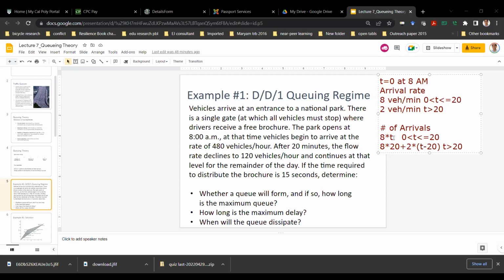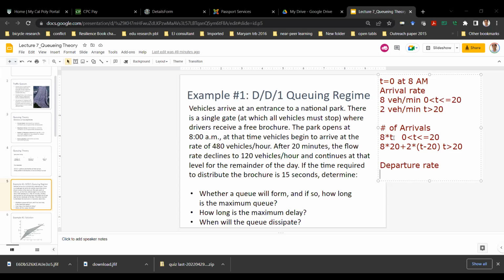Now I think we can do the same thing with the departure rate. What is my departure rate? I want to still get it in terms of vehicles per minute. 4 vehicles per minute. The departure rate is 4 vehicles per minute because it takes 15 seconds to distribute that brochure to the drivers who are coming in.